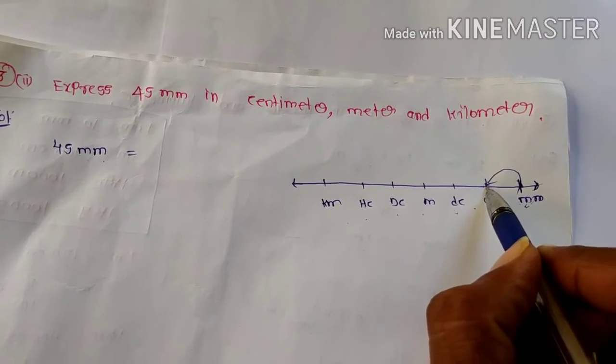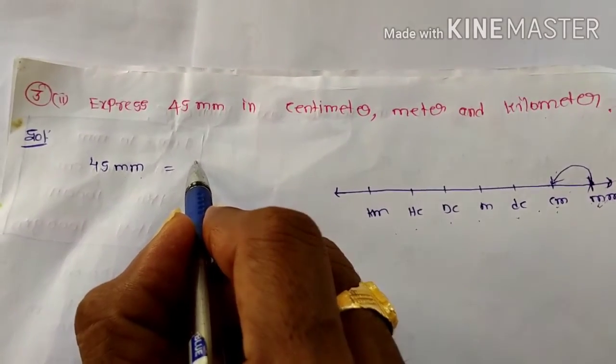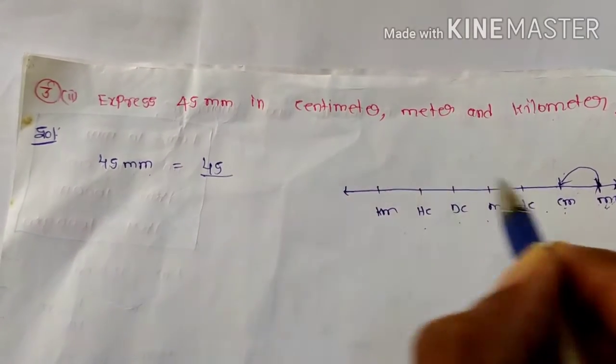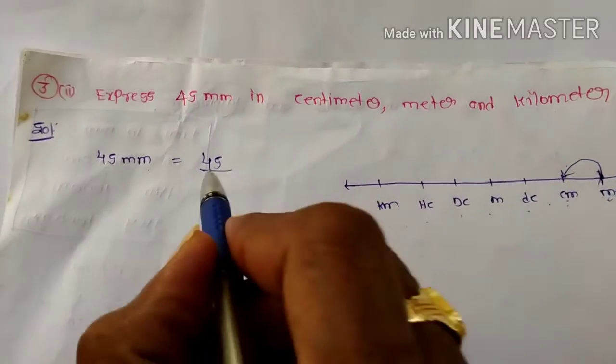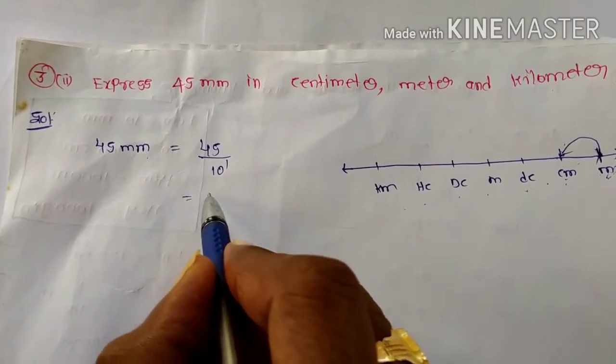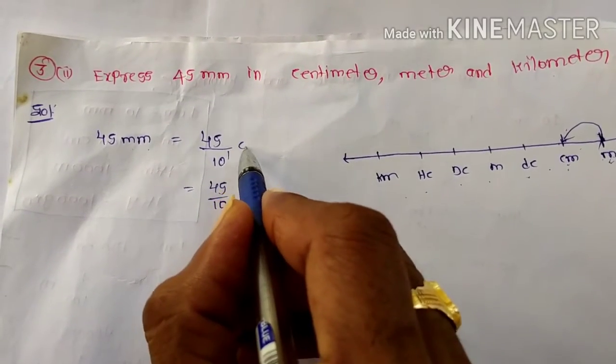That means one movement, you can divide with 10 power 1 only. That means you can write here 45 divided by 10 power 1. That means 45 by 10 means how much? You can write here centimeters.